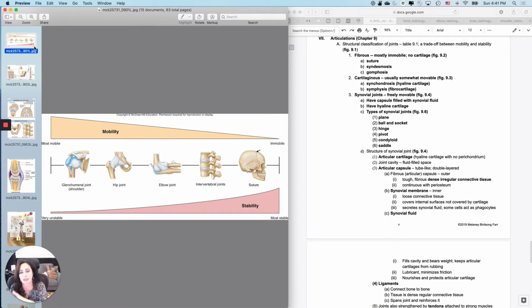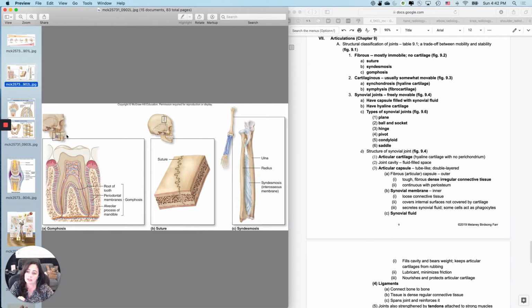So what you have when you're talking about joints is a trade-off between stability and mobility. The more stable you are, the less mobile you are, right? So the sagittal suture right here is meant to be very stable. It's where two bones come together, but relatively immobile.